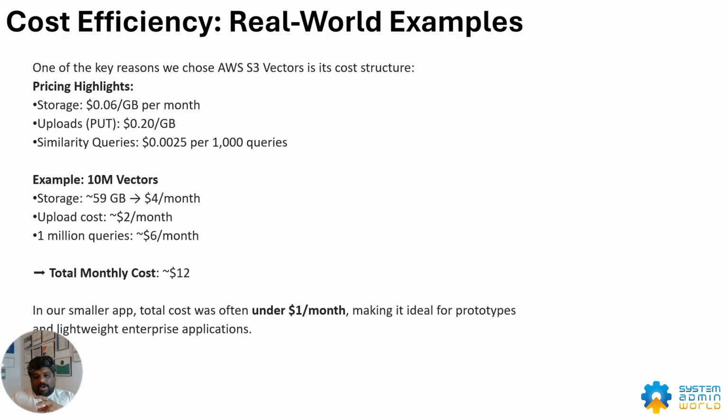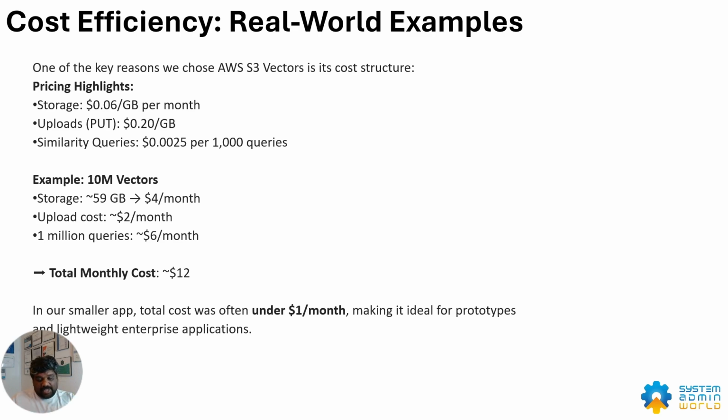The overall cost for our demo will be under $1 per month, since it is a smaller app. Based on our lightweight application or enterprise application, it will not be charged more than that, right? So you can calculate your own data, how much data you have based on this statistic, and how many vectors, 10 million vectors, or how many vectors you're going to query per month.